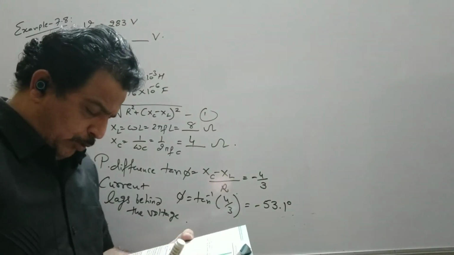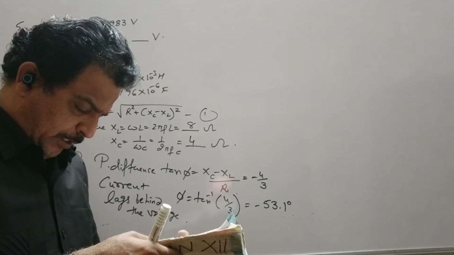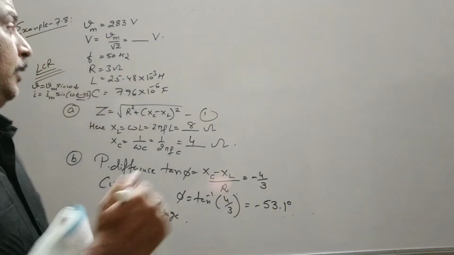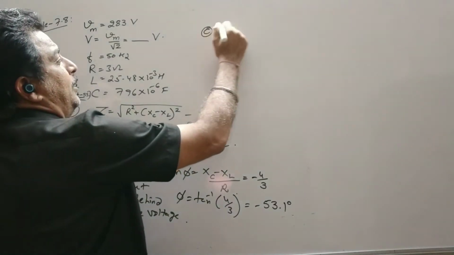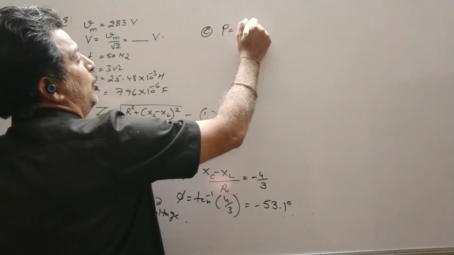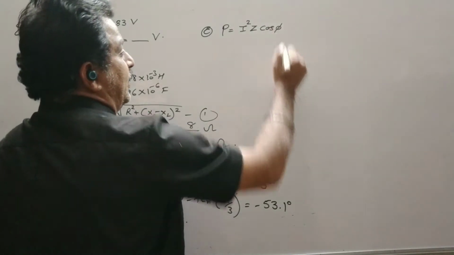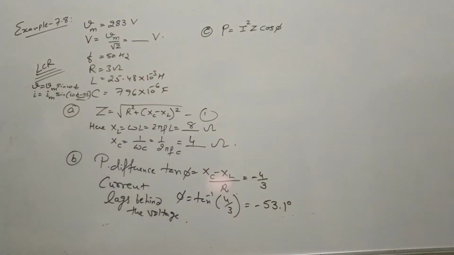Now we have to find out the power dissipated in the circuit and also the power factor. Because it is an LCR circuit, the power dissipated should be equal to I square Z cos of phi. We have discussed this formula for the general LCR circuit, where P is equal to I square Z cos of phi.